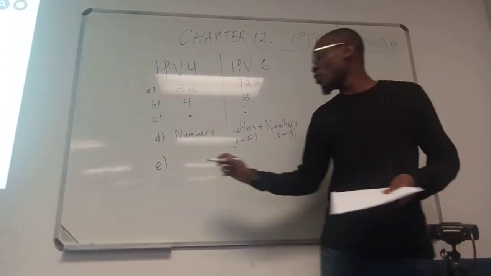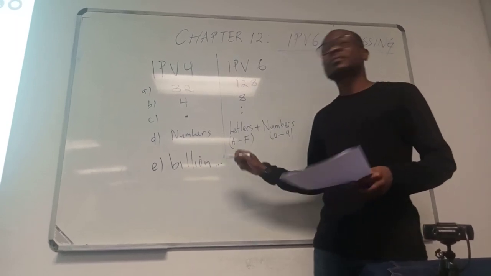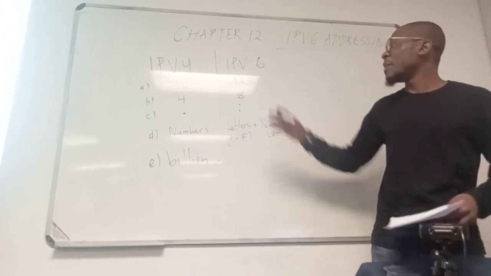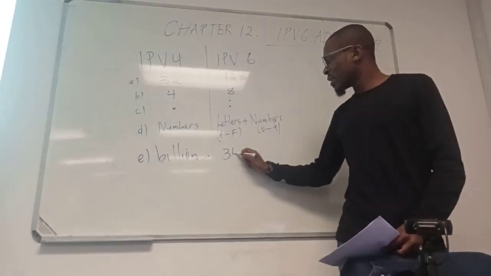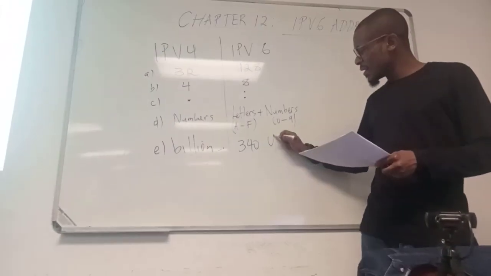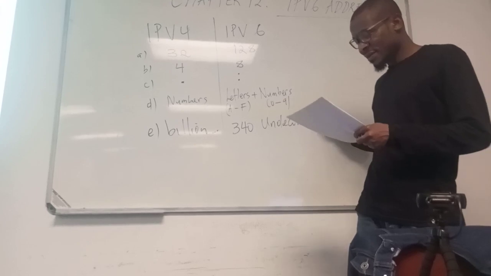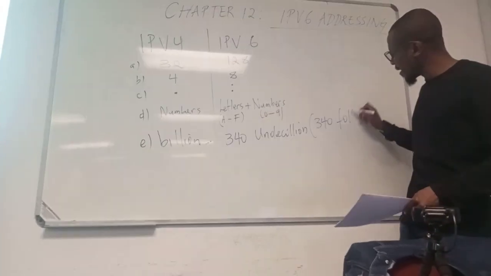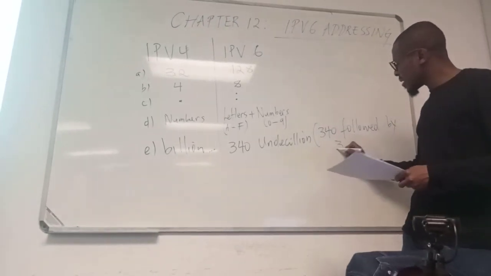And for IPv4, the number of IPs, we are talking about billions. They are like 4 billion. But the number of IPv6 is 340 undecillion. It means 340 followed by 36 zeros.